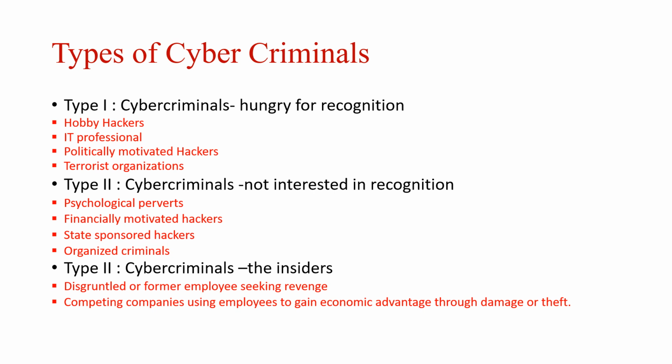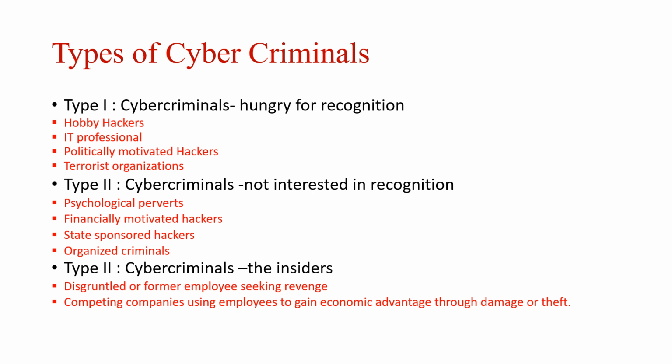The last one is the insiders. Suppose there are different types of employees in an organization, and someone is seeking revenge on their boss. They may leak the data, or they may perform some activities which may be considered a threat to the organization.